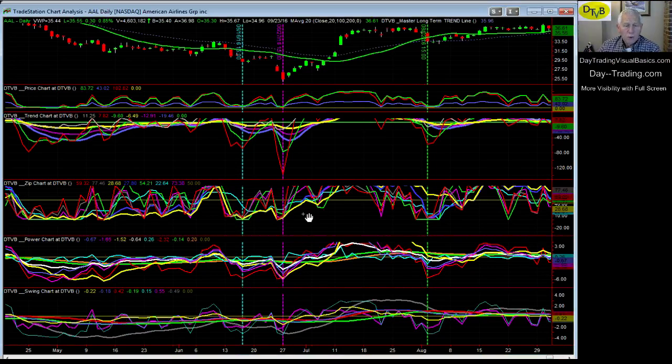Most of them are doji candles, so you don't have much movement. The fourth condition for the pink vertical line is obviously your best big four setup. And the fourth condition, the primary condition for this, is your zip yellow is lowest, or it's right on the bottom.